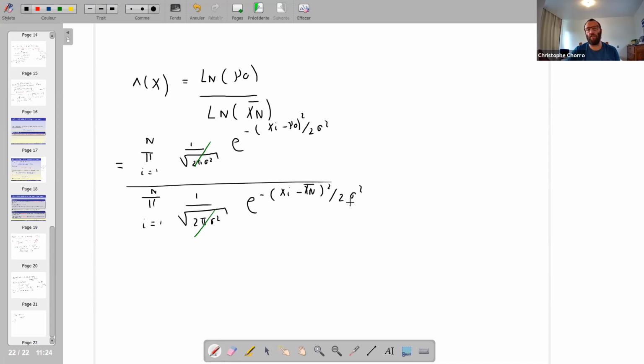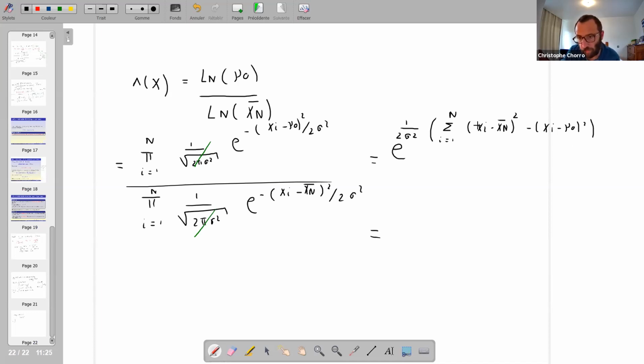And at the end I can write this. I have a product of exponentials, so I will have an exponential of a sum. I can write it this way: exponential of 1 over 2 sigma square times the sum from i equal to 1 to n of (xi minus xn overline)^2 minus (xi minus mu 0)^2.